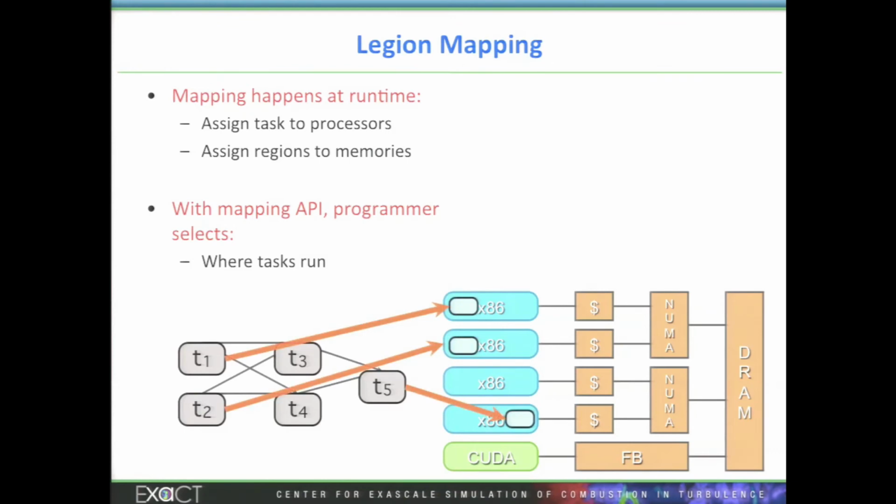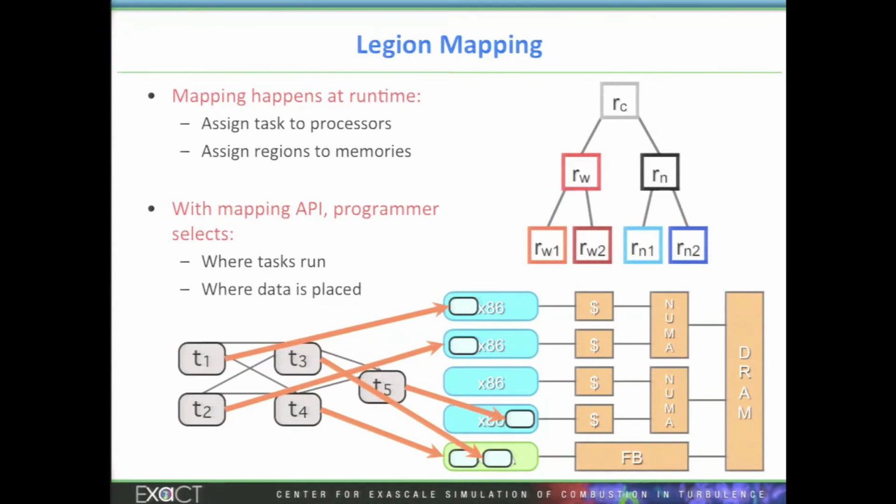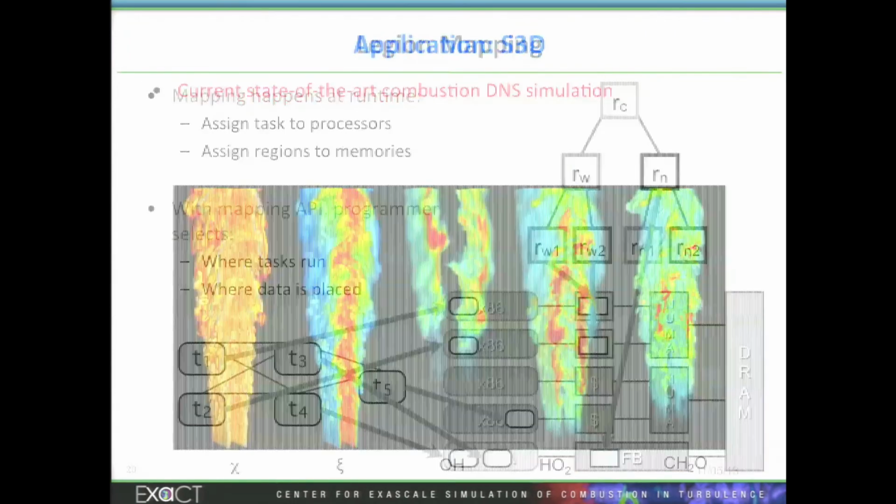In this cartoon, we're illustrating the various tasks that are mapped to the x86 CPU cores as well as to a GPU core, and the different data regions, logical regions, that are mapped to memory.